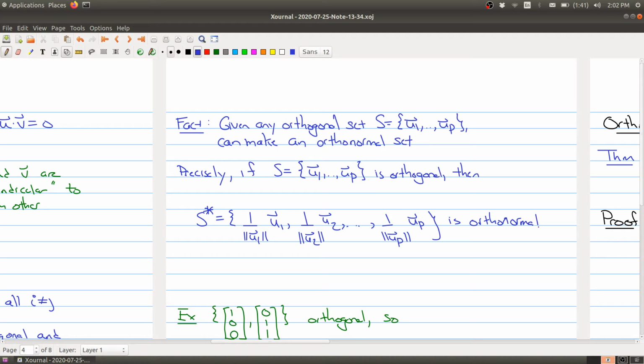This is an orthonormal set, and the vectors are rescaled so they have length 1. This process by which you take a vector and rescale it so its length is 1 is called normalizing.